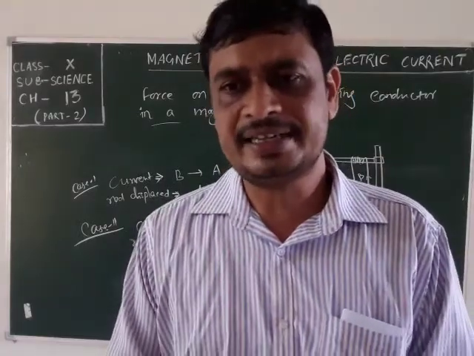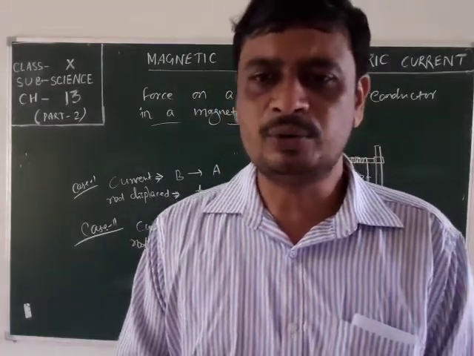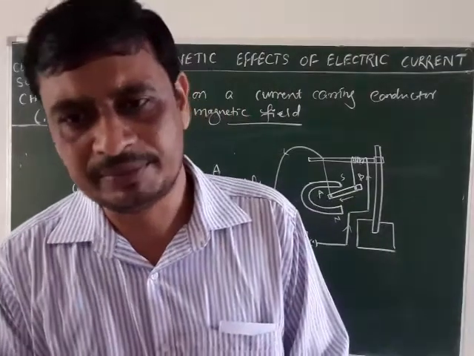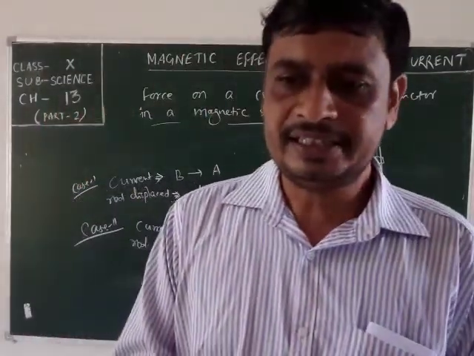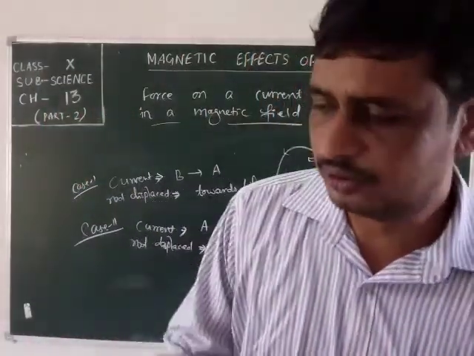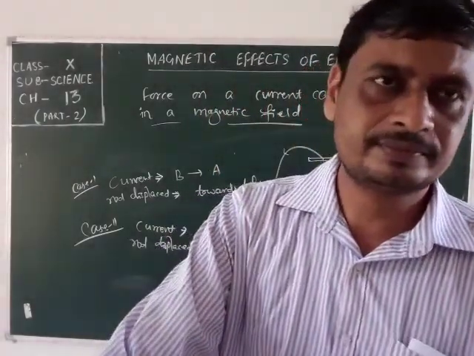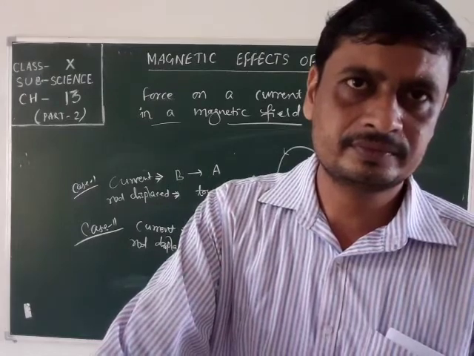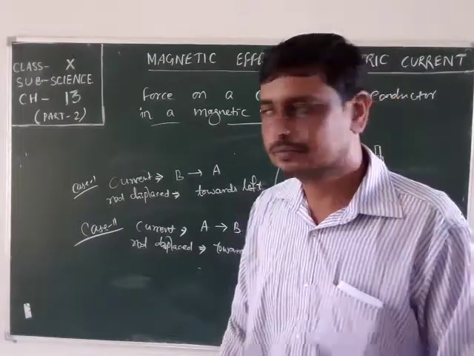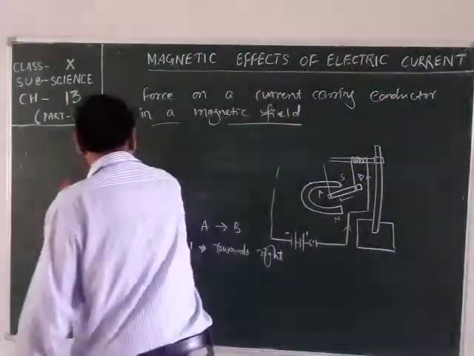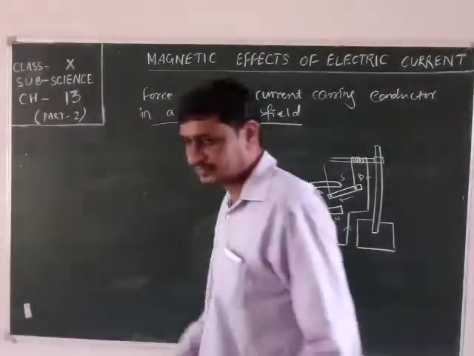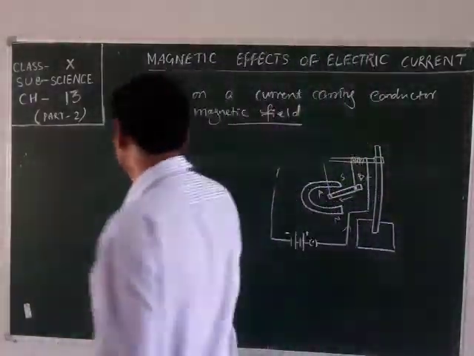In such a condition, we can use a simple rule to find the direction of force on the conductor. That is Fleming's left hand rule. What is Fleming's left hand rule? Let's discuss it.